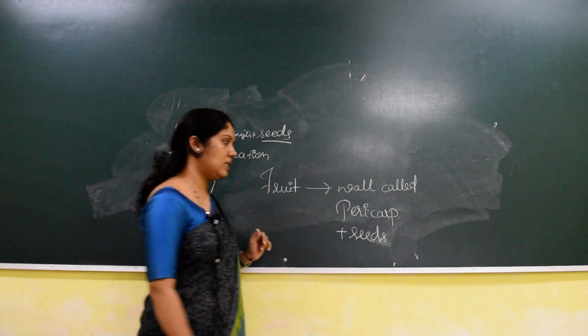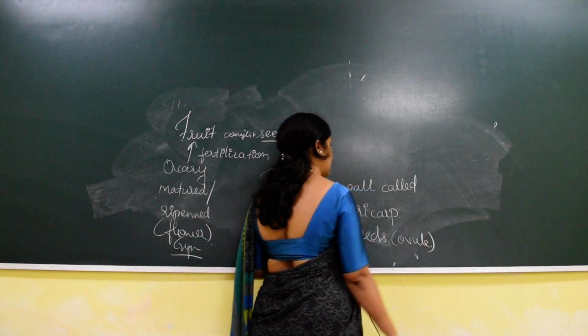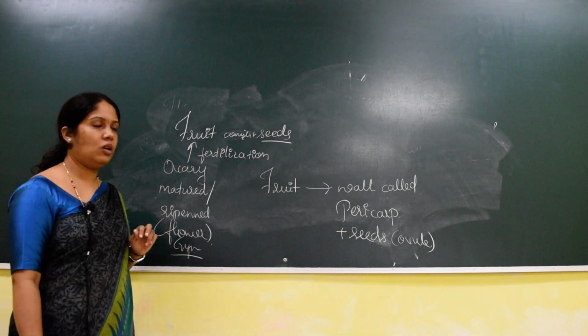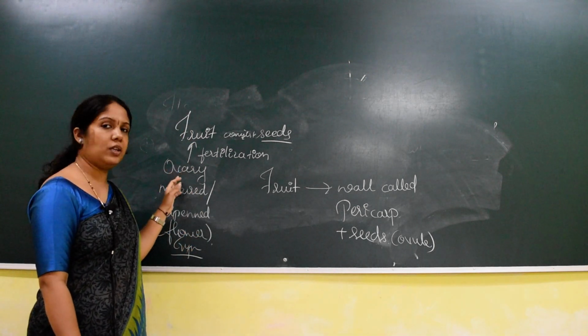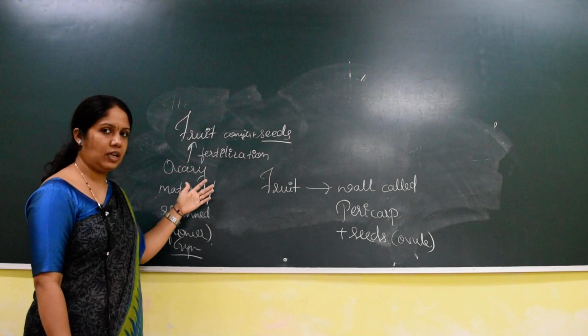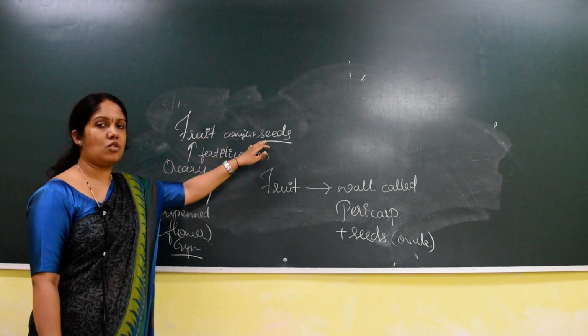Now how is the seed developed? It is developed from the ovule which is present inside the ovary. So the seed is developed from the ovule, whereas the fruit is developed from the ovary. The matured ovary, after fertilization, develops into fruit, and the fruit consists of seeds.